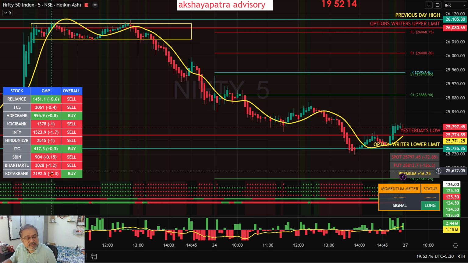Then what we have is a chart here. This is basically the top 10 stocks of NSE. Primarily, this constitutes 58% of the Nifty index. So when these shares are in overall buy mode or overall sell mode, meaning either bullish or bearish, it means that 58% of the Nifty is in one particular direction.